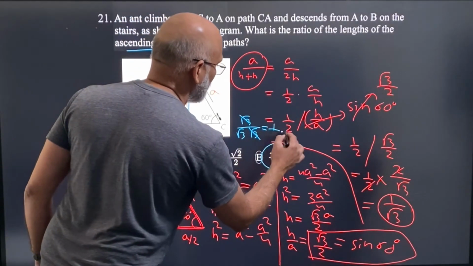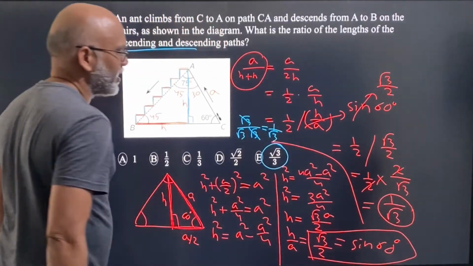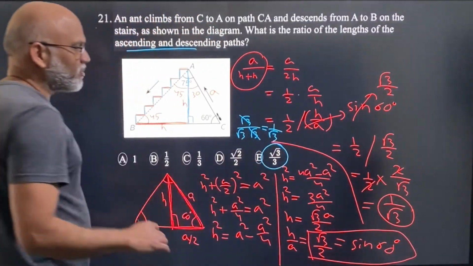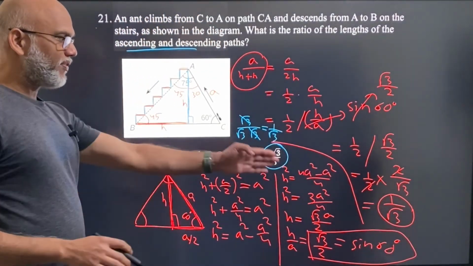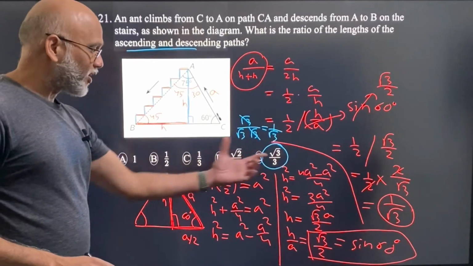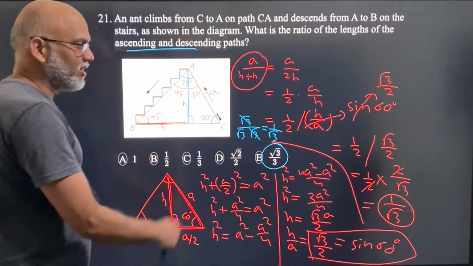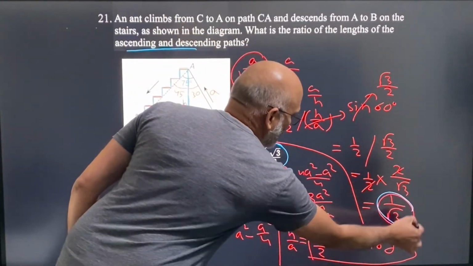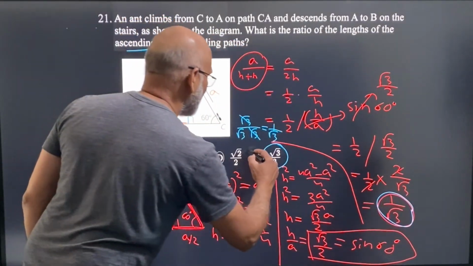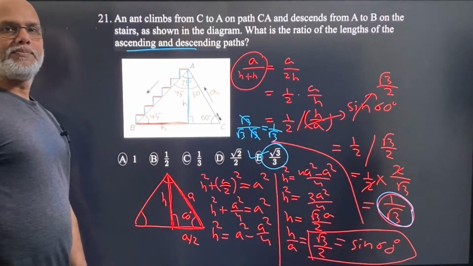So this is basically 1 over square root of 3. So sometimes you have to be a little bit careful. The final answer that you get may not exactly match, but you may have to do some simplification. So essentially, this is the same as this, then E is the correct choice.